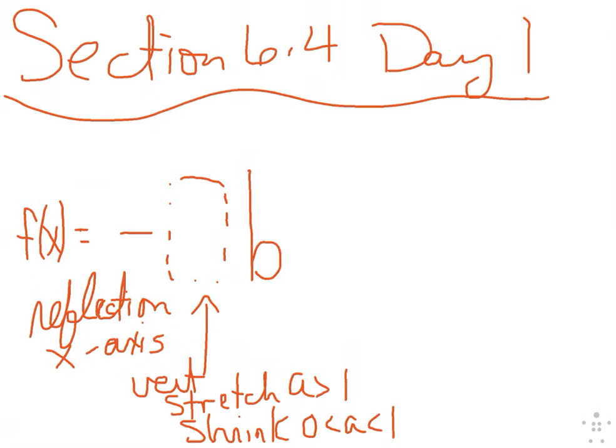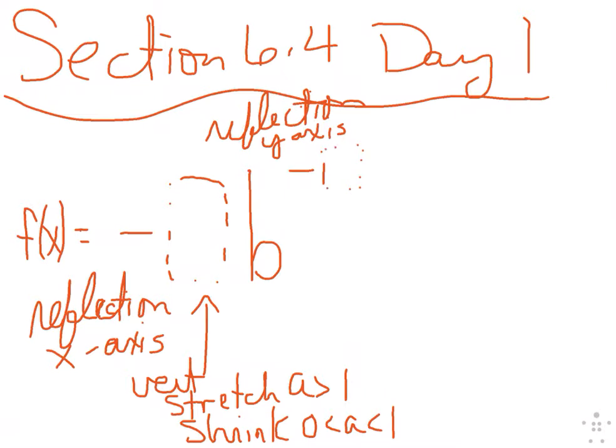So what if there was a negative in front of the x, on the inside? What did we say a negative on the inside did? Reflection. Which way? Over the y-axis. Then there might be a number multiplied on the inside.